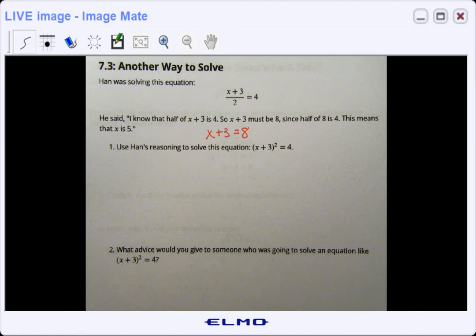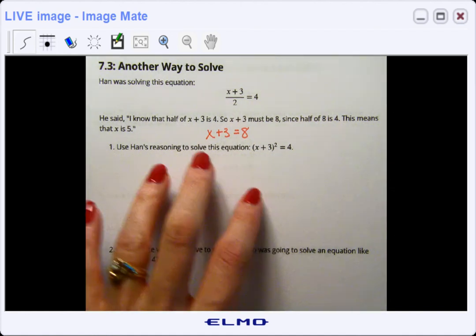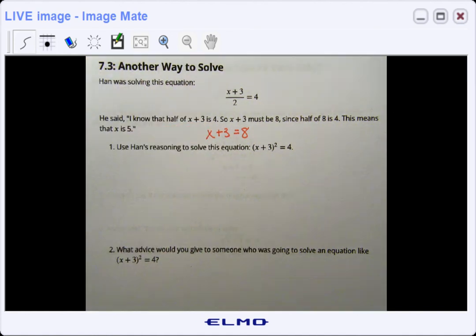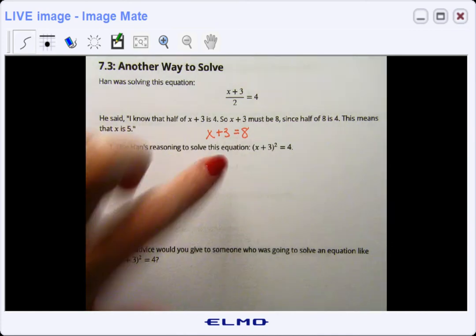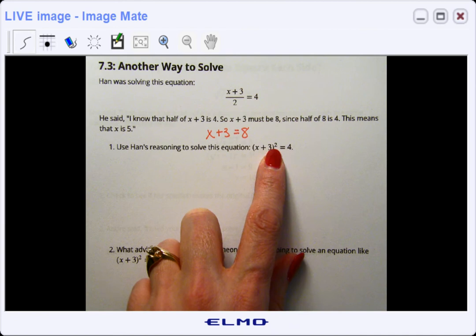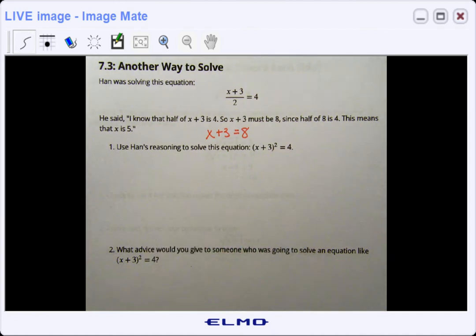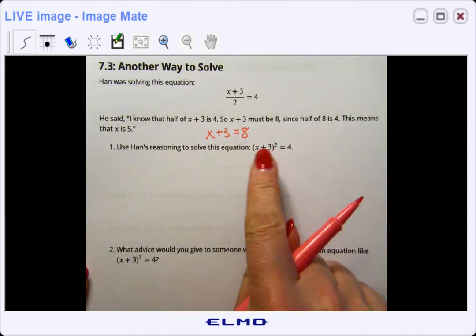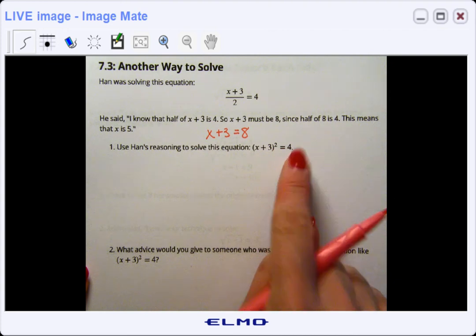So we want to think about how we can apply that kind of thinking, rather than an algorithm, to solve this equation. So if I know that something squared is equal to 4, we all know that 2 squared is equal to 4, right?